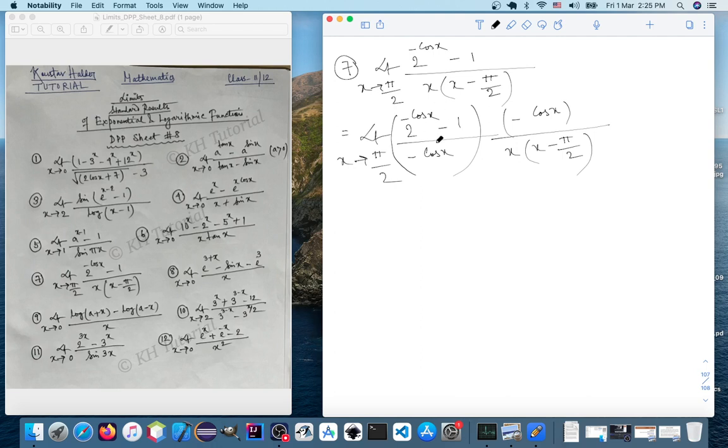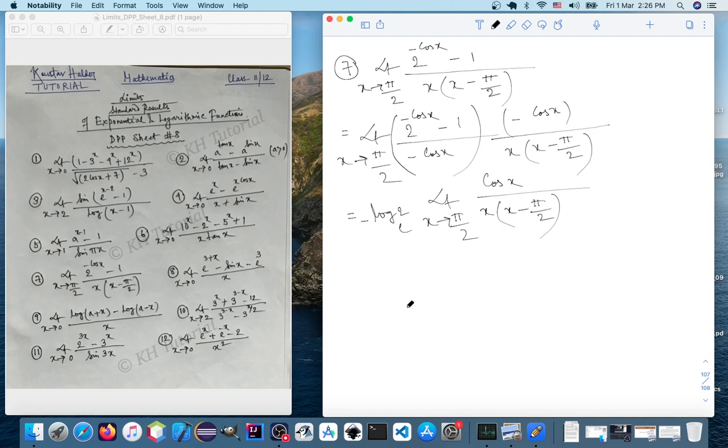This thing will definitely be log 2. So we can directly, without any problem, say that this is log 2. We can bring it out, and let's also bring the minus out. We have to now solve this thing.